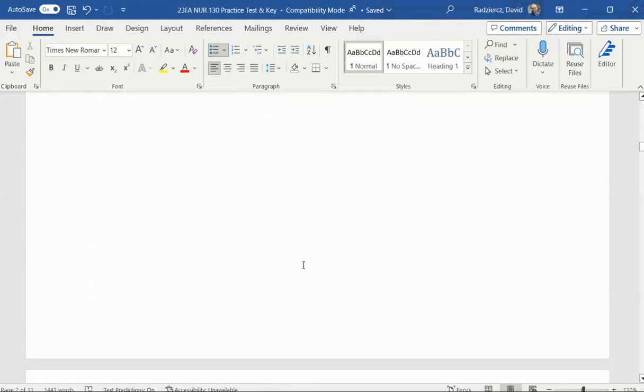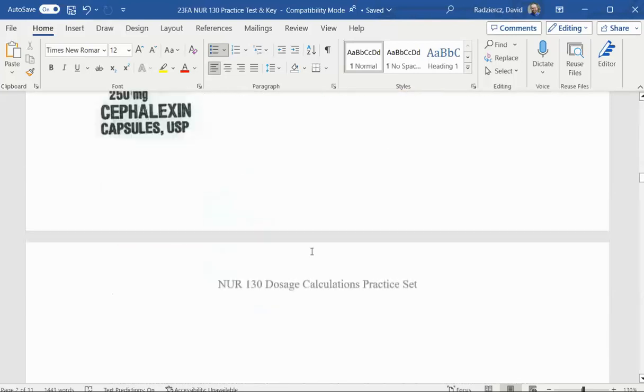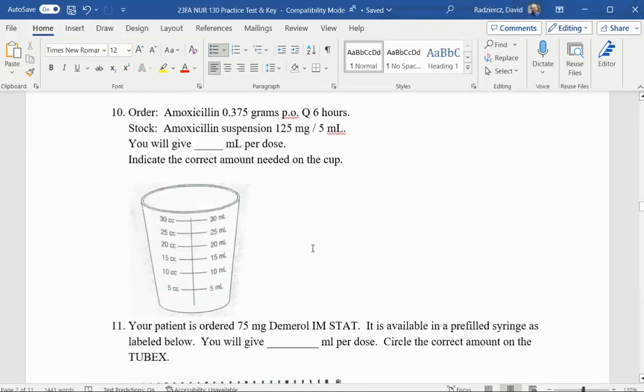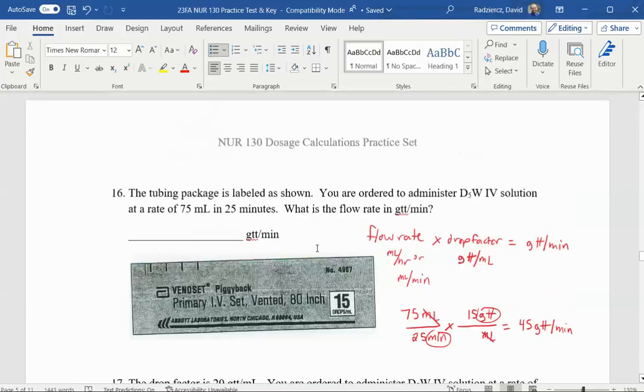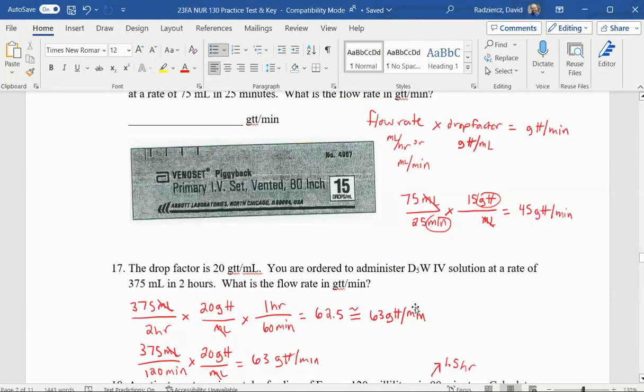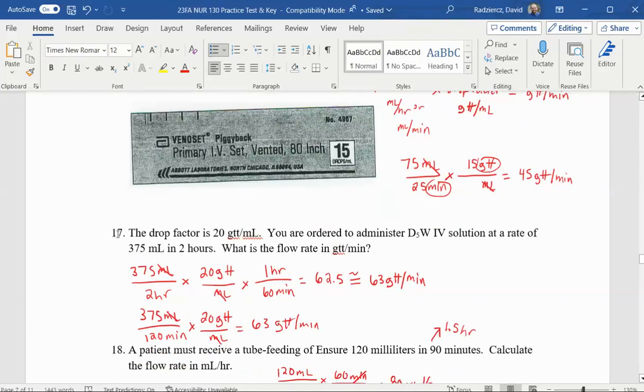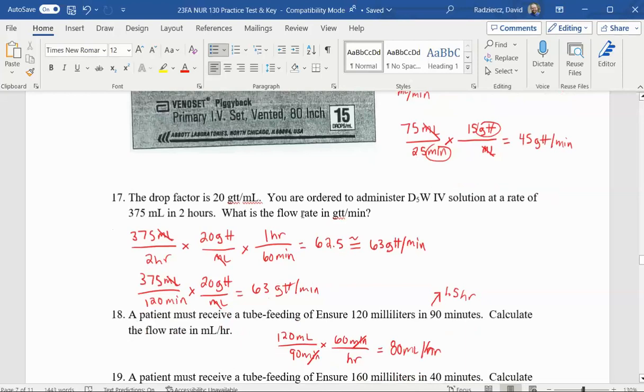All right. And then this is a newer question that I put in today. I changed some things up. I gave you the drop factor. I told you that it was 375 in 2 hours, and then I asked you to calculate the flow rate.